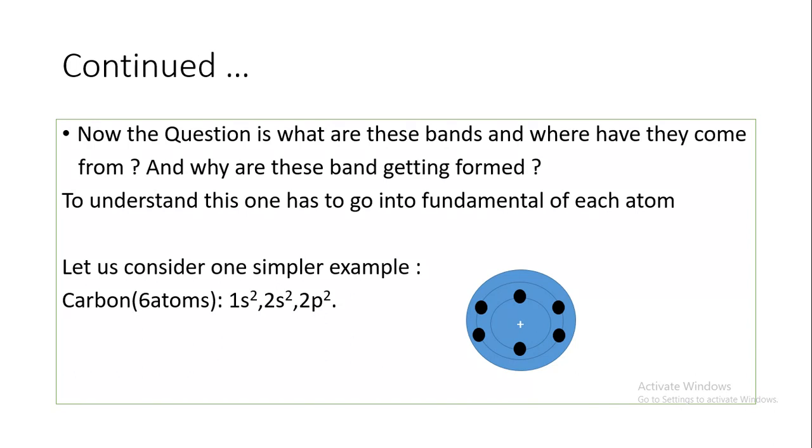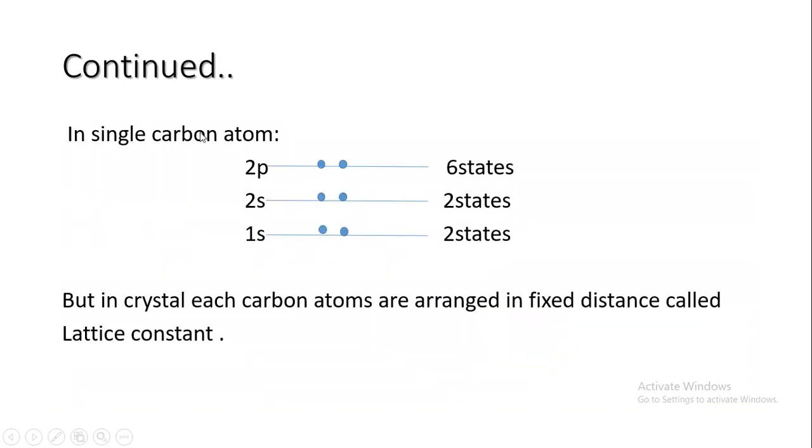We will talk about what a band gap is. You can see, guys, this is how we place electrons in the orbits. In a single carbon atom, in 1s there are 2 electrons and 2 states. In 2s there are again 2 states and 2 electrons.